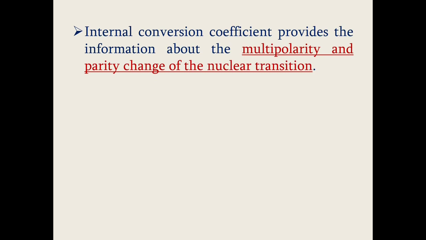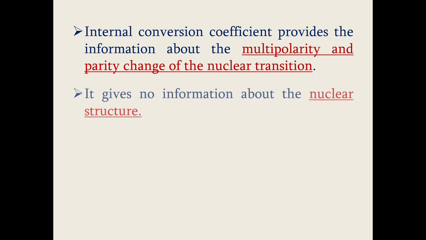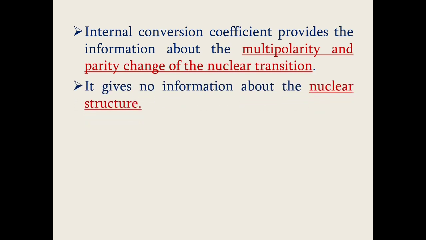And by studying the internal conversion coefficient, we get information about the multipolarity and the parity change of the nuclear transition. It doesn't provide any information about nuclear structure, though it is highly helpful in knowing about parity changes and multipolarity studies. It does not tell how the nucleons are arranged inside the nucleus.